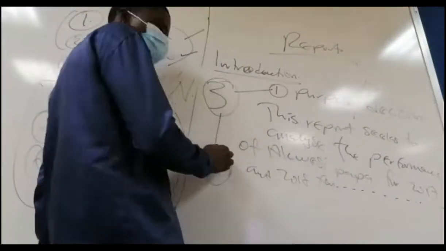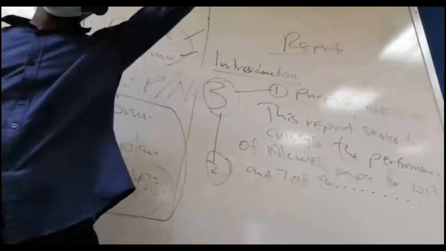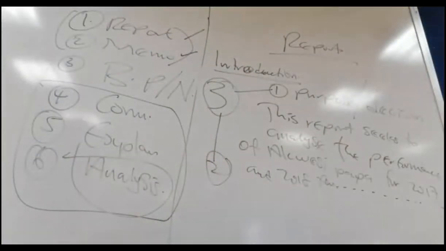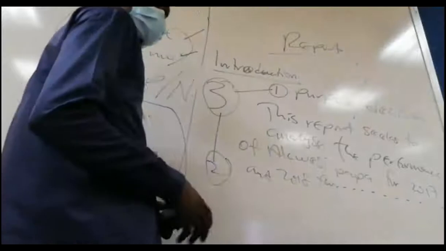Sentence number 2 must be brief. Tell us the type of report you are doing, or type of analysis, and the key ratios. That's all. So sentence number 2 basically talks about the types of analysis and the key ratios.